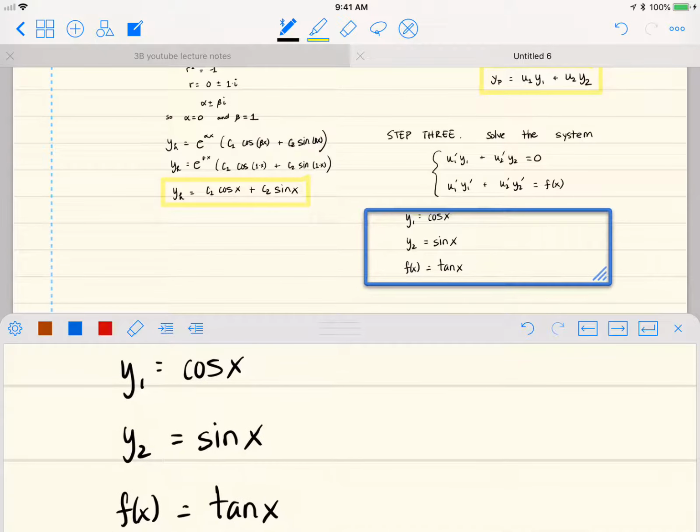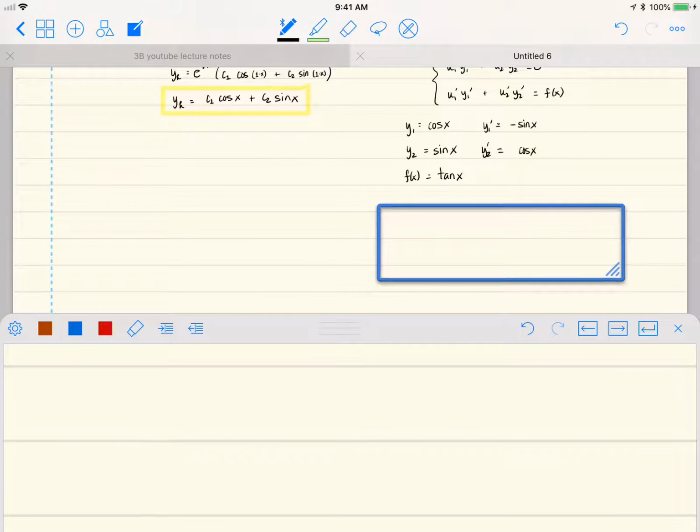And now y1 is cosine, so y1 prime is going to be negative sine x. y2 is sine, so y2 prime is going to be cosine x. And I believe we are ready for our system.